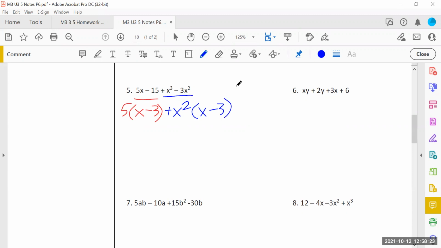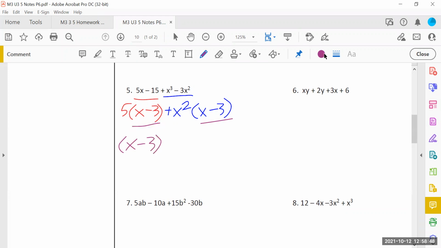Is everybody getting the idea? Greatest common factor from the first two, greatest common factor from the second two. If it works, the leftover parentheses will match. So do they here? Do we have the exact same parentheses? Okay, so we're good. We can factor out that x minus 3 from both. X minus 3 here, x minus 3 here.